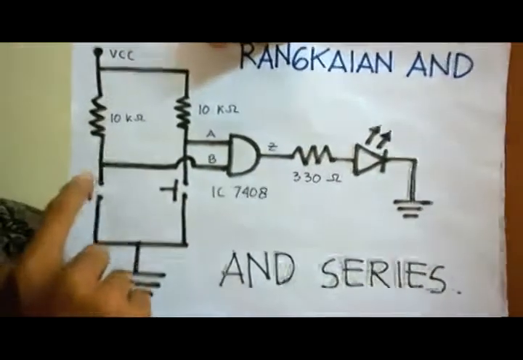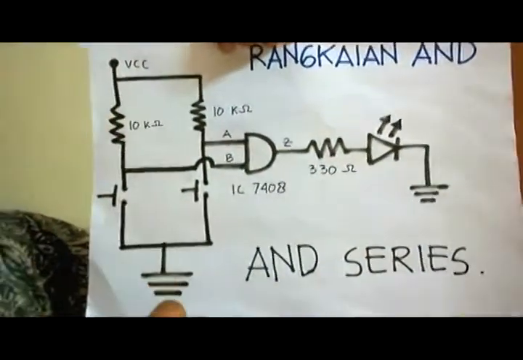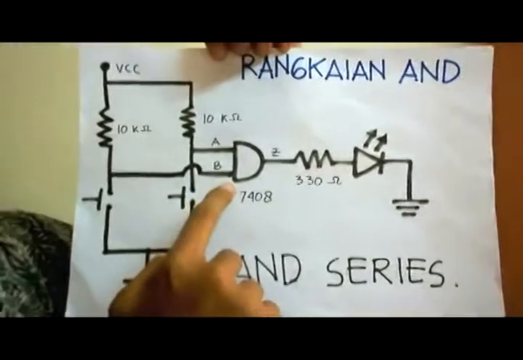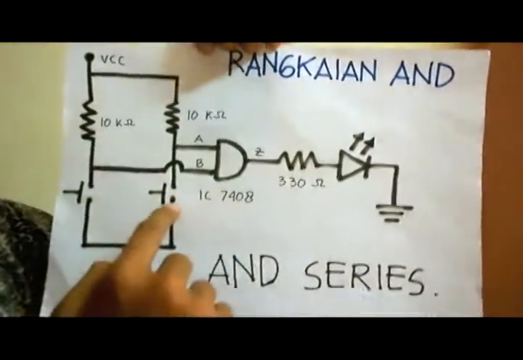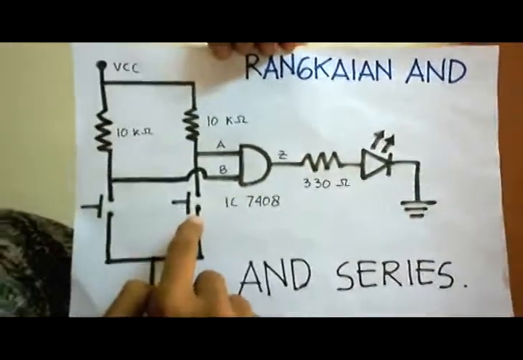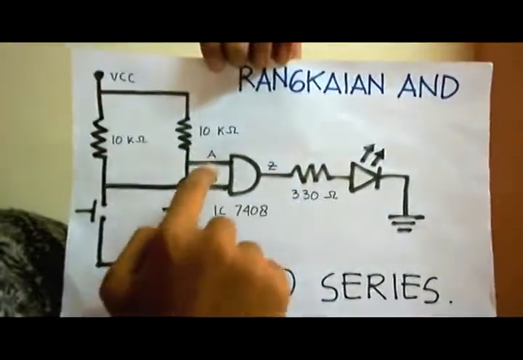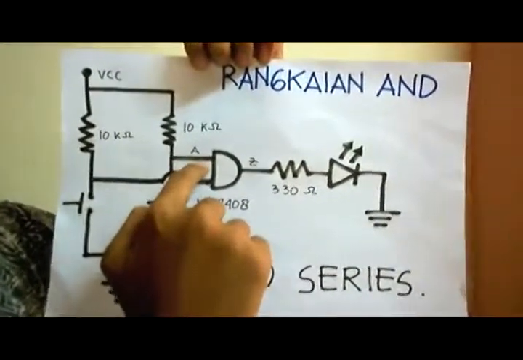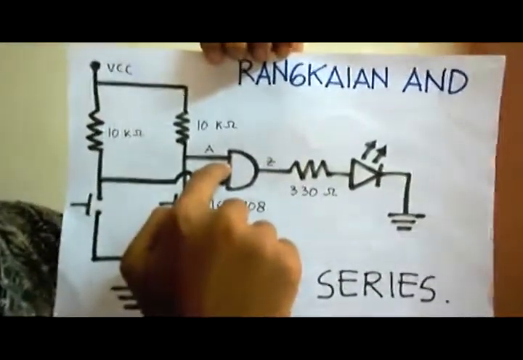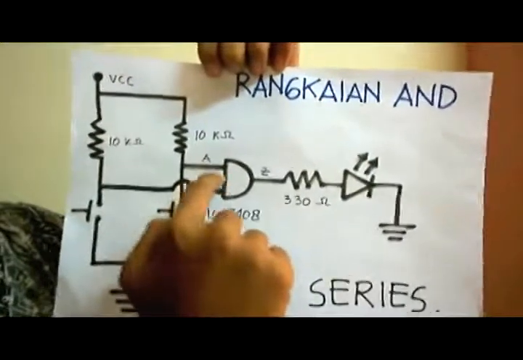If I push it, the current will fall down to the ground, and then B gets the low input level or zero. If I let the push button unpushed, the A input will be high input, so it will get high input level voltage or 1.